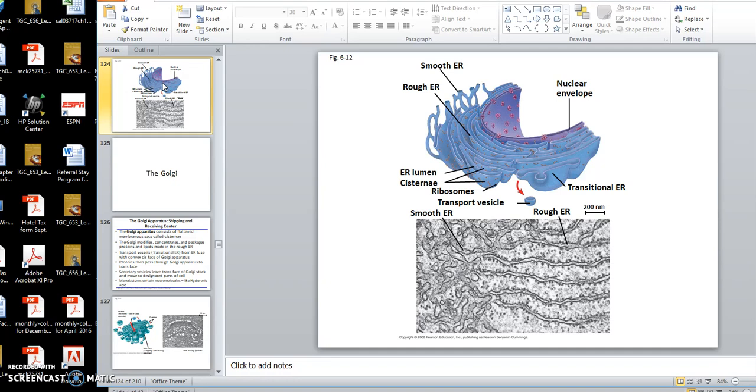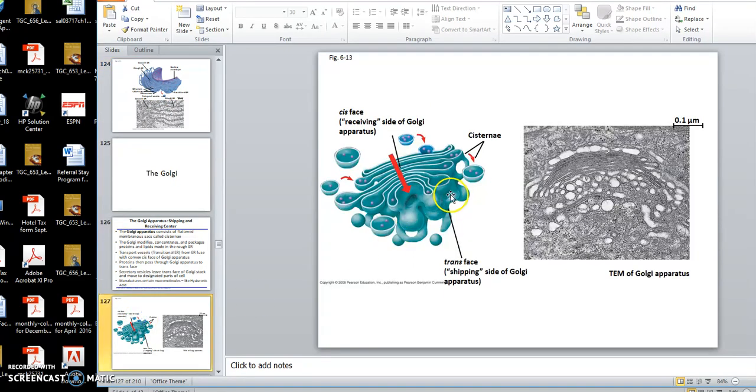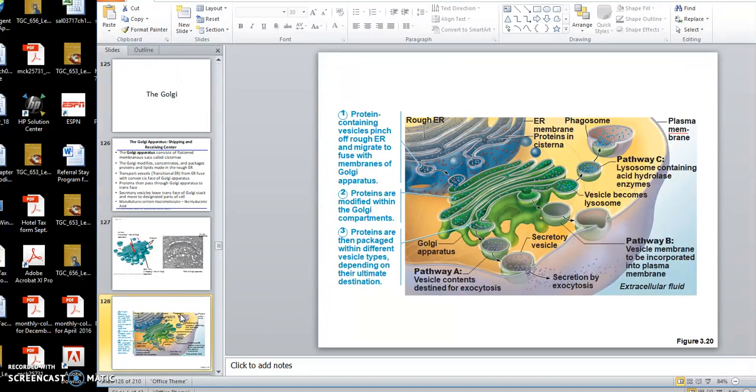They would then enter into the cis plate of the Golgi, be modified, packaged, secreted, and then exported from the trans to go to the cell membrane for either placement in the cell membrane or export.